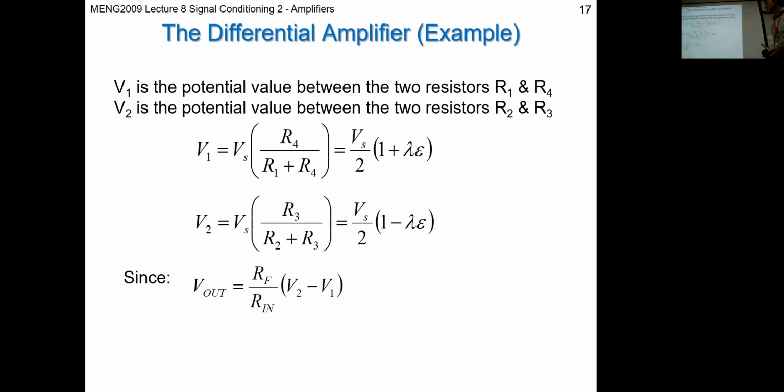Now, our output voltage, because we're dealing with a differential amp, we just learned that our differential amp gain is the feedback resistance over the input resistance times the difference between your voltages. So now we have an expression for V1 and an expression for V2.